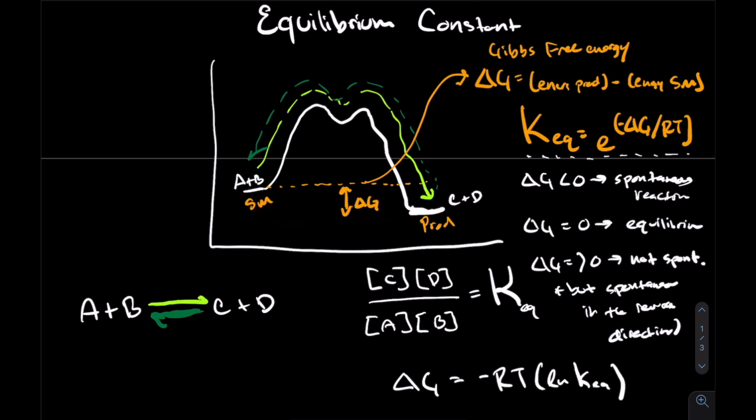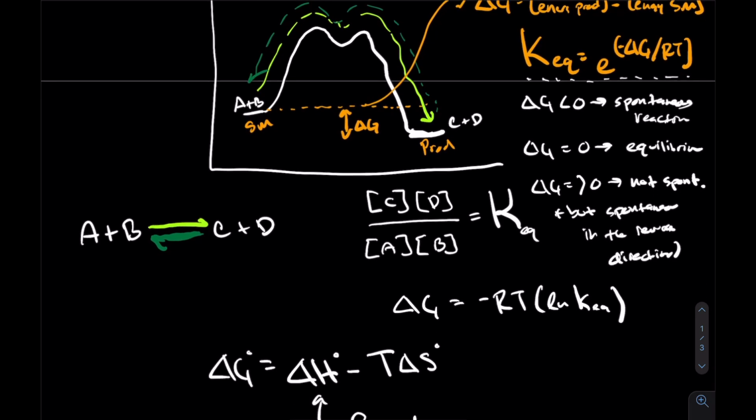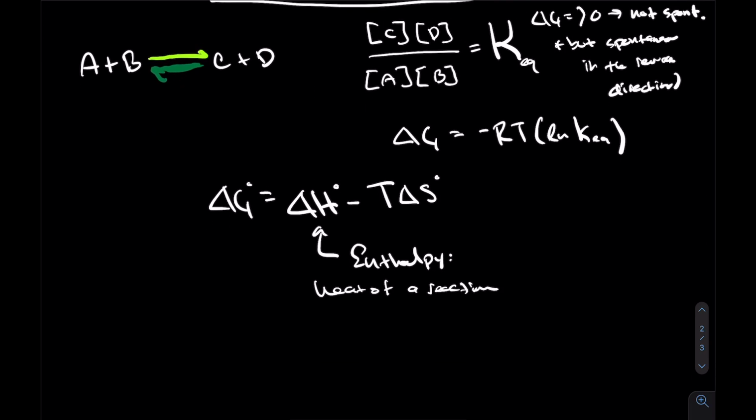This requires some amount of heat, sucking heat out of the universe, in order to get back over there. That would be an example of an endothermic reaction, all right? So in the enthalpy, you can have either exothermic or endothermic reaction processes.